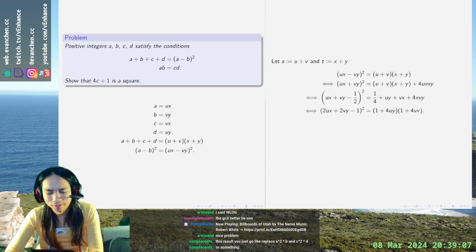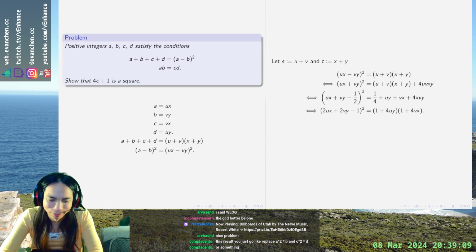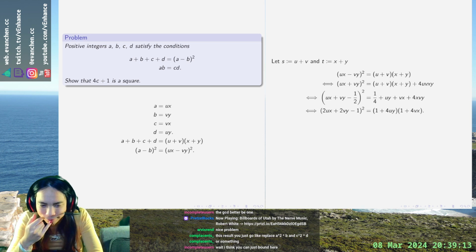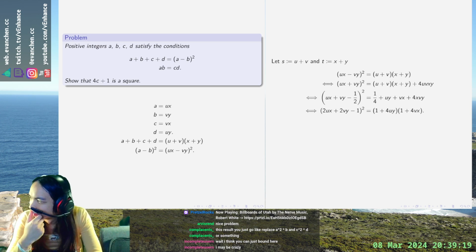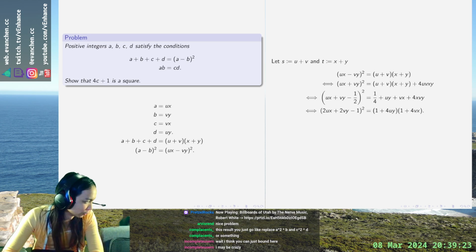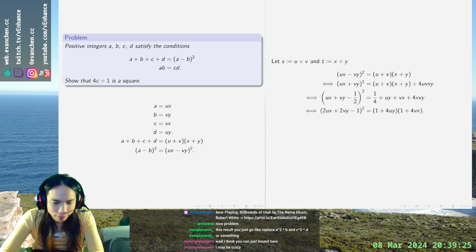Well, I mean, no, you need to actually do some number theory at this point, right? I was hoping it would only be manipulation. You can just bound here? That sounds believable, actually.